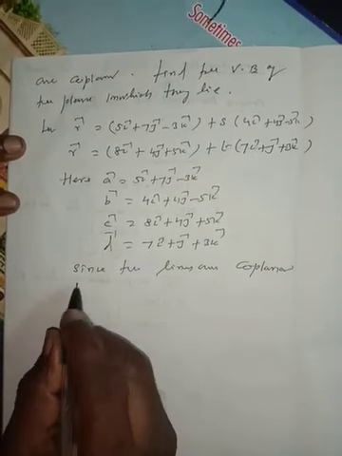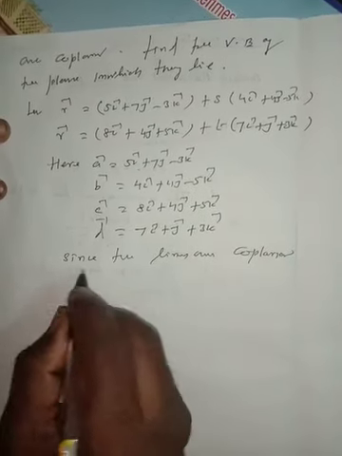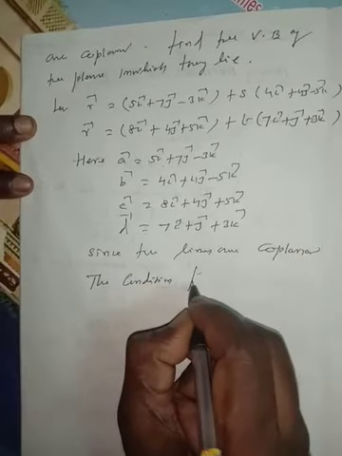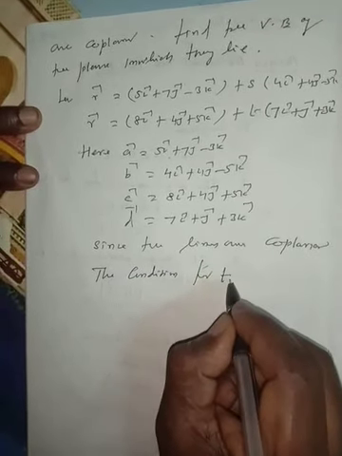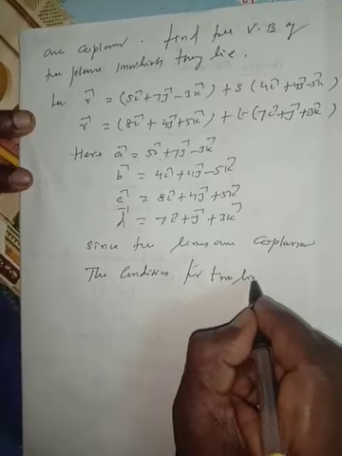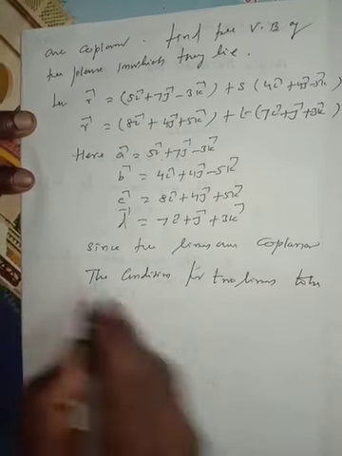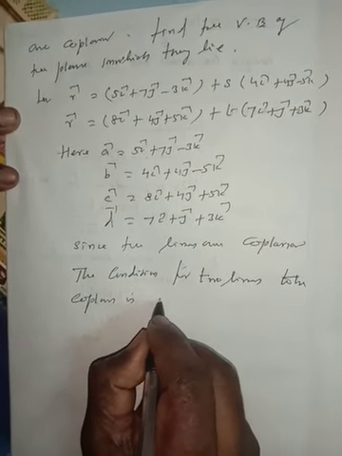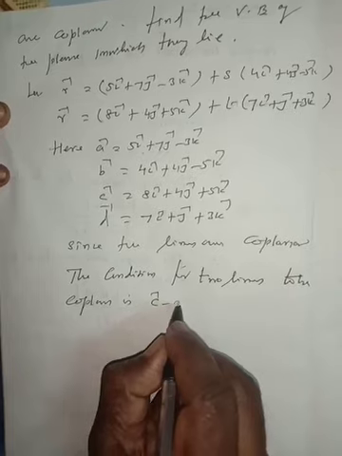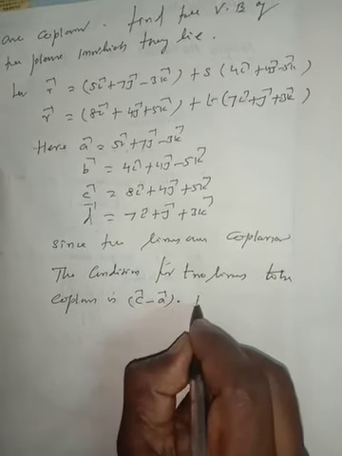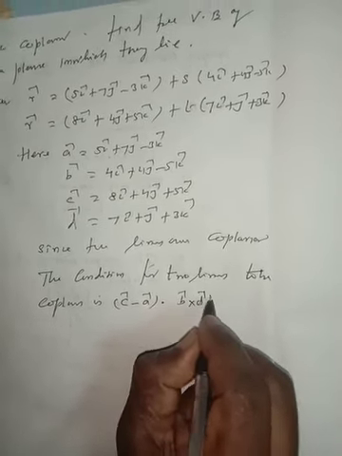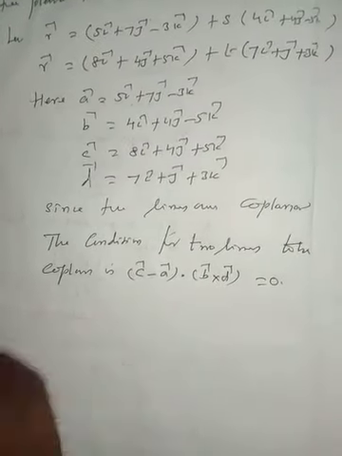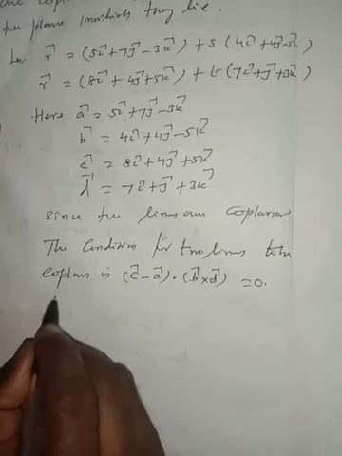The condition for two lines to be coplanar is (c vector minus a vector) dot product of (b vector cross d vector) is equal to 0. First we have to find b vector cross d vector.